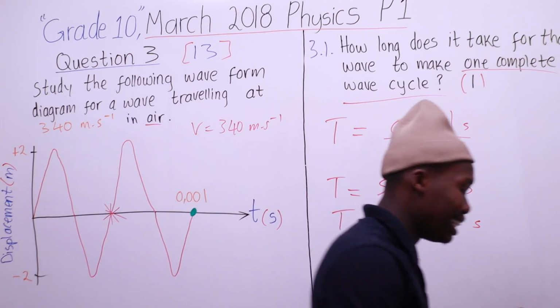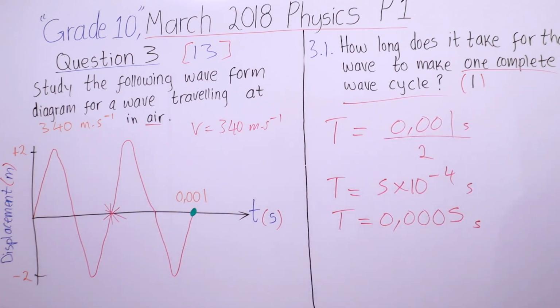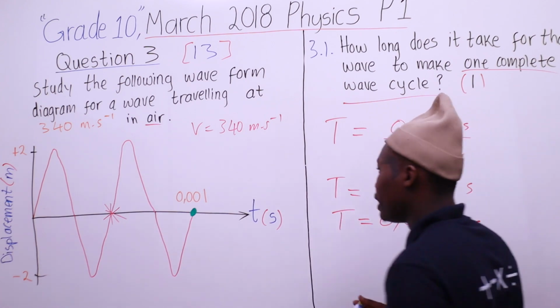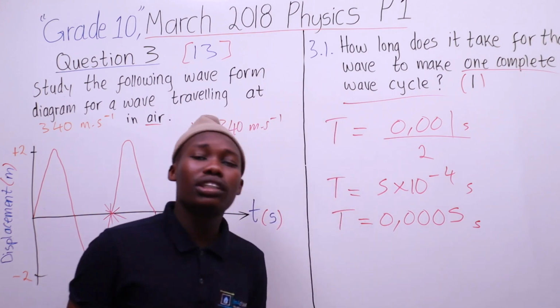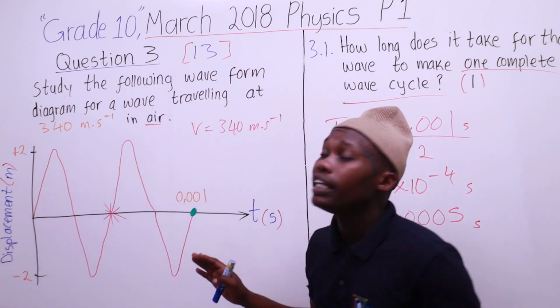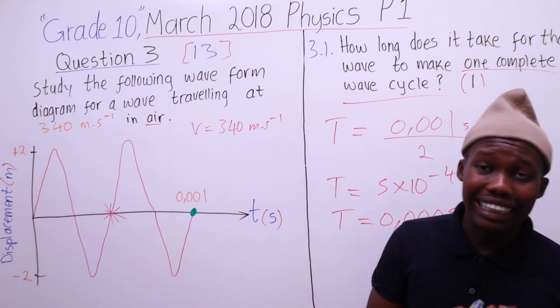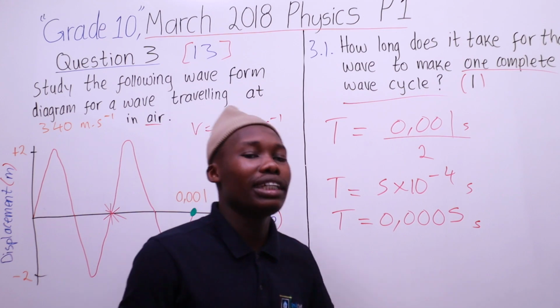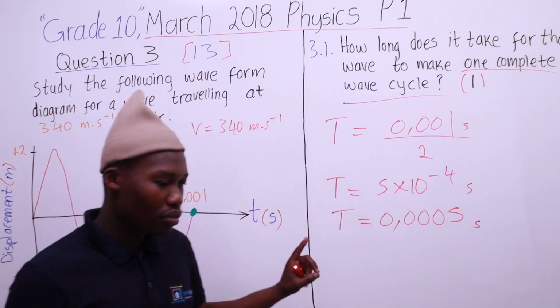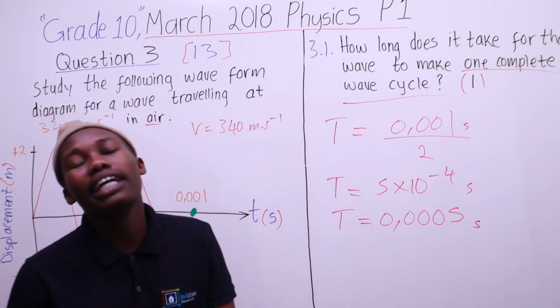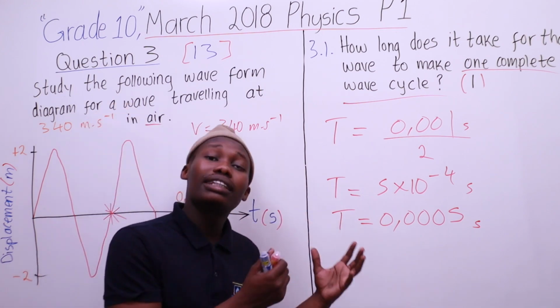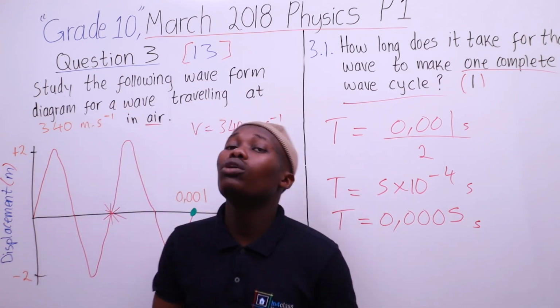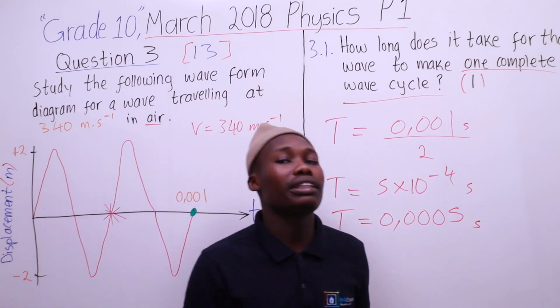So if you've done it like this, pause before siyiqale i-video and attempt it yourself. Remember, you are watching this lesson of paper March 2018 physics paper 1 la grade 10. If ungakaze ufunde, do not watch this video. Go back to our lessons whereby we are teaching you lokho esikuphendulayo la. And then you can only come back here after you finish the syllabus on term 1.